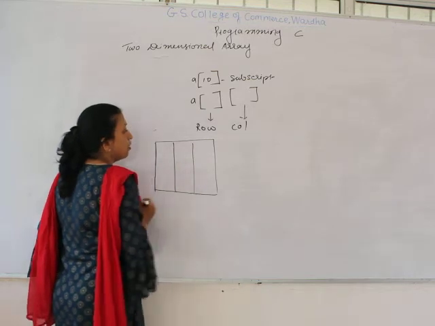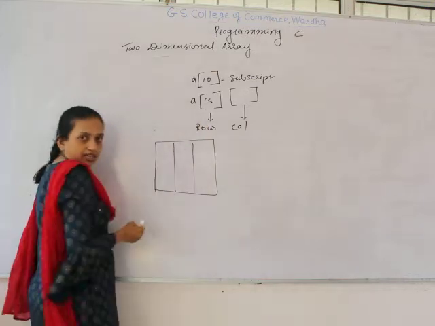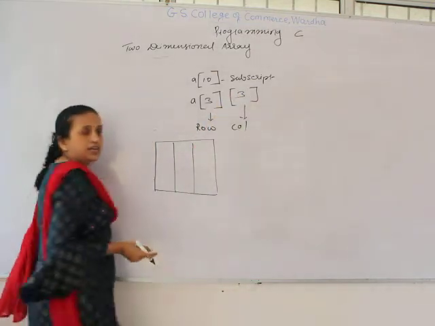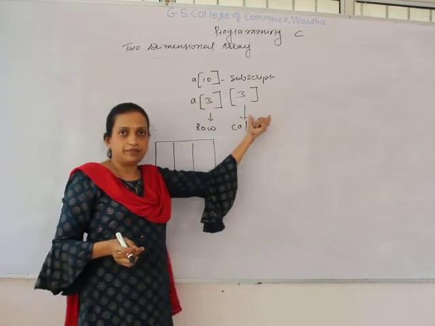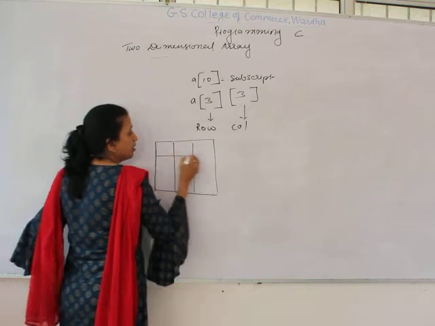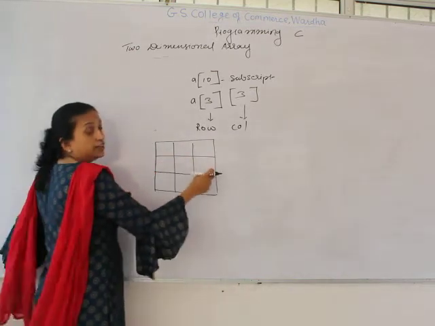So suppose you declare 3 as the first subscripted value and 3 in the second subscripted bracket. This means in your matrix there are 3 rows and 3 columns.